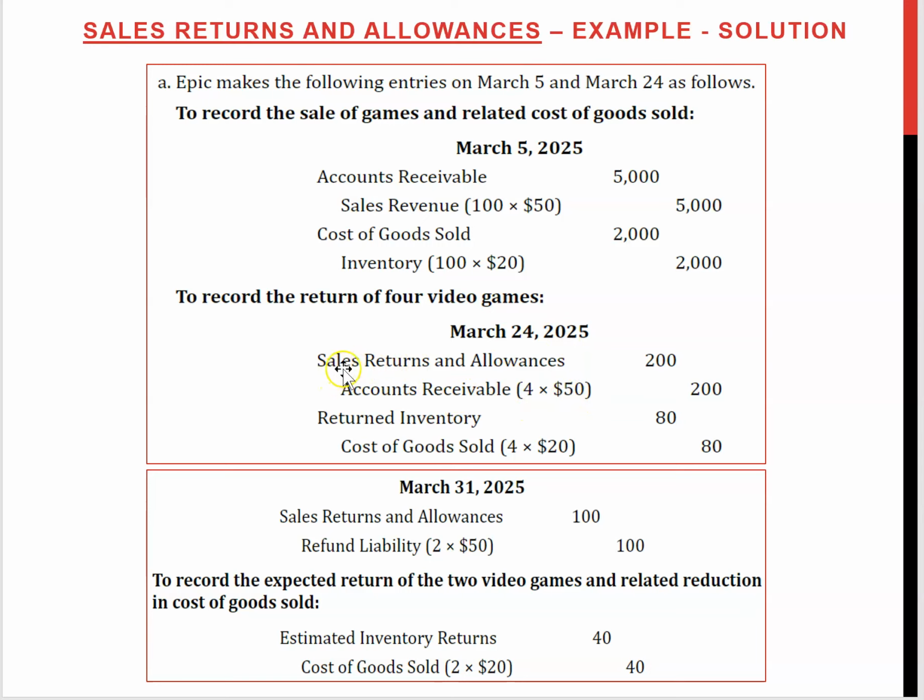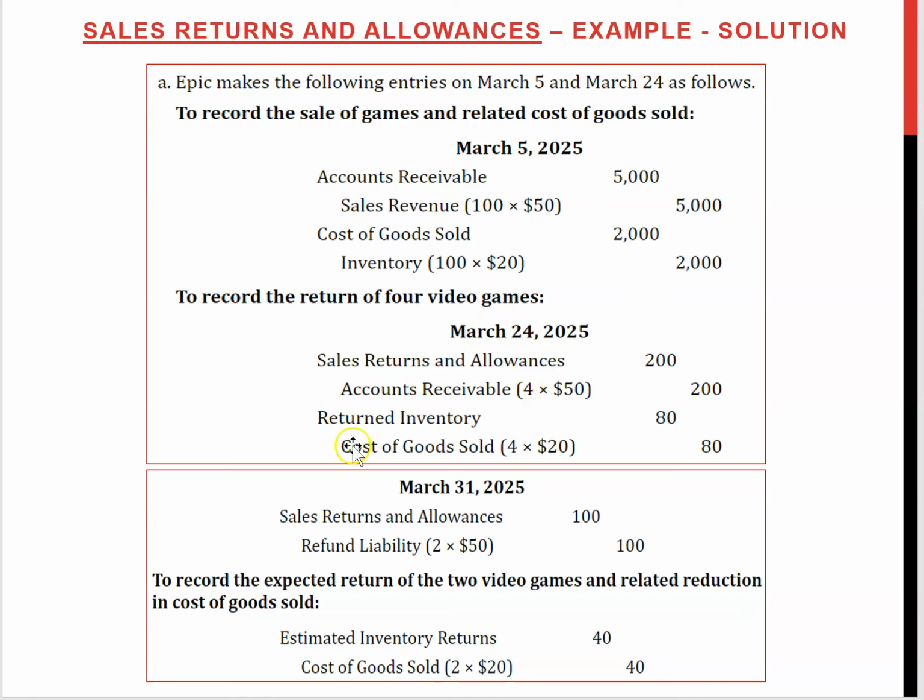So you have to debit sales returns and allowances, $50 each, and at the same time you are expecting to receive less accounts receivable. So the sales return items will also be adjusted, reducing the accounts receivable amounts. So we recorded sales returns here, sales returns debit, and we also reduced our accounts receivable.